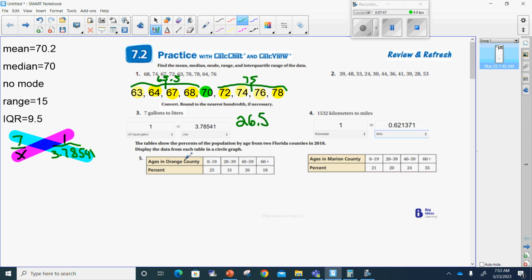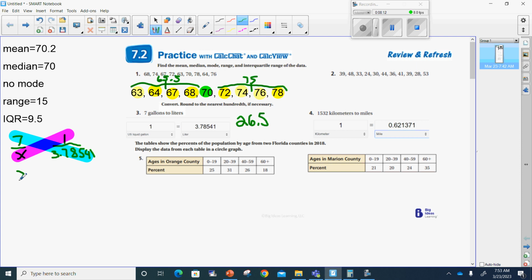All right, let's go ahead and go to number 5. The table shows the percent of the population by age from Florida counties in 2018. Display the data from each table in a circle graph. Well, let's look at this first one. They're talking about 25% was age 0 to 19.